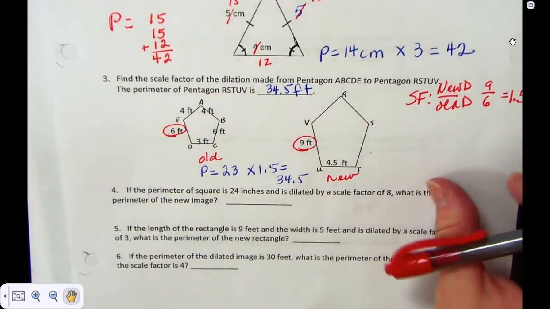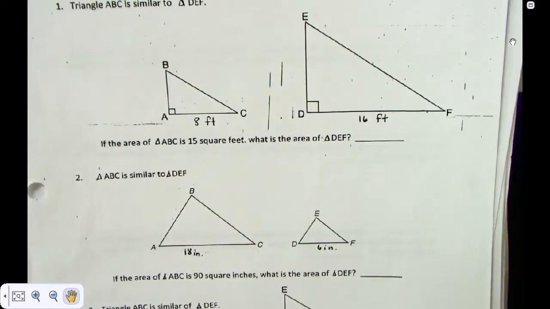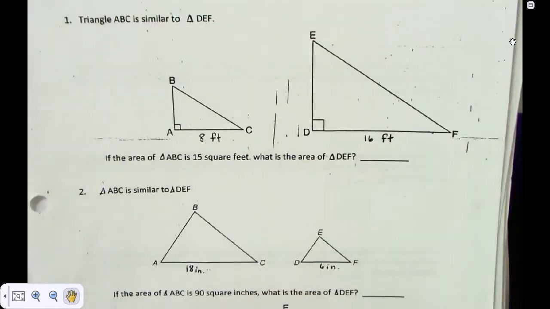Okay. Now, what I need you to do is finish this packet for me. Then I need you to take 7.8 and work on it.